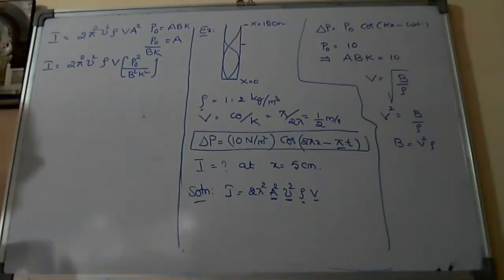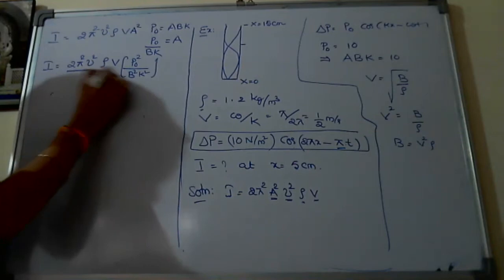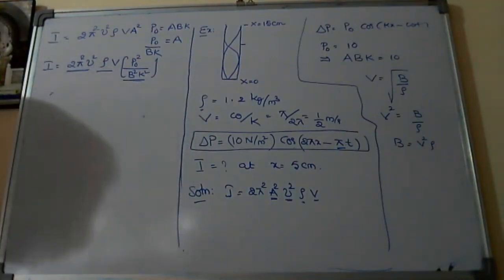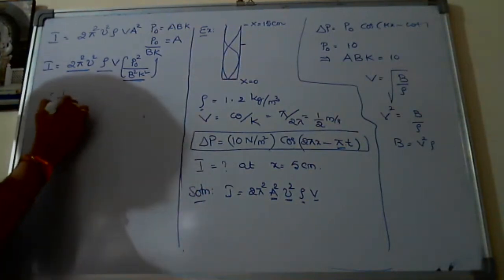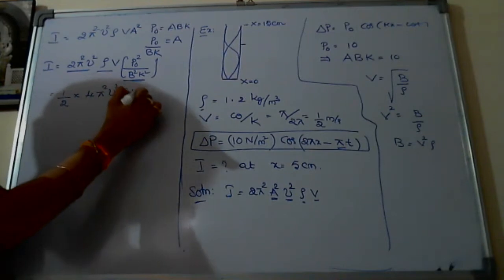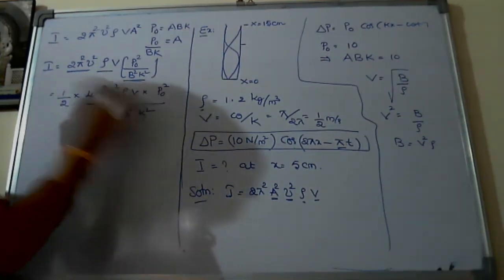And here we can do one more thing. If I multiply this equation with 2 and divide with 2, I will get half 4 pi square mu square rho v into P naught square by B square K square.